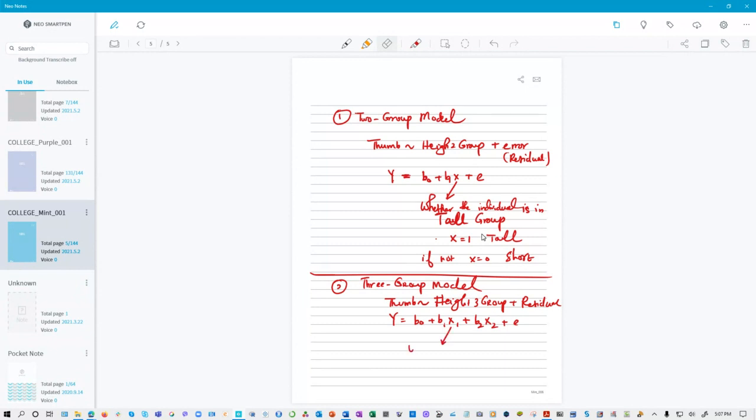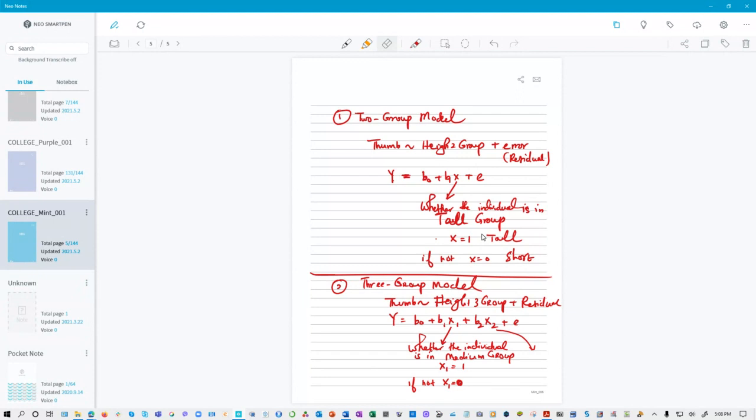X1 means whether the individual is in the medium group. That means X1 equals 1. If not, X1 equals 0.